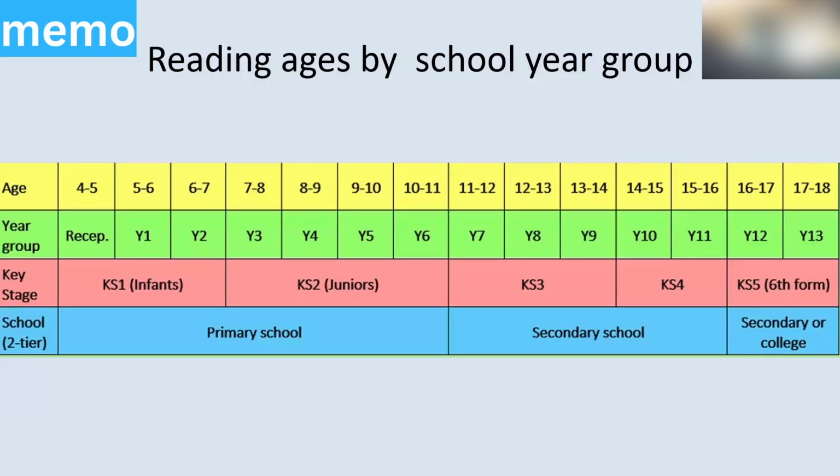We go through primary school and we leave at 11, start secondary school at 11, finish our GCSEs at 16, where you can continue into sixth form or apprenticeships or anything like that. And then between 16 and 18, and then after that, maybe onto university or qualification in the world of work.